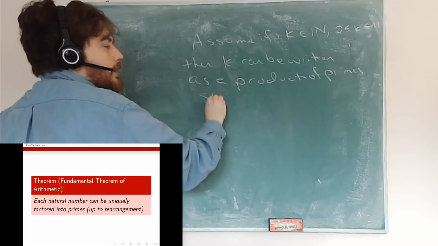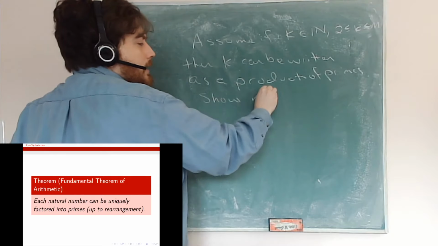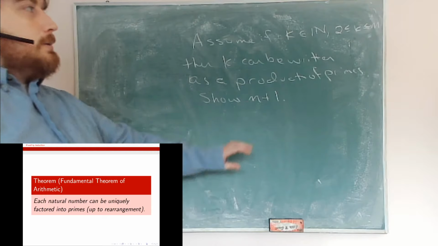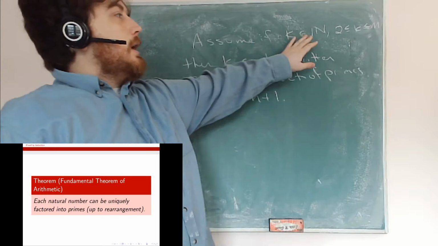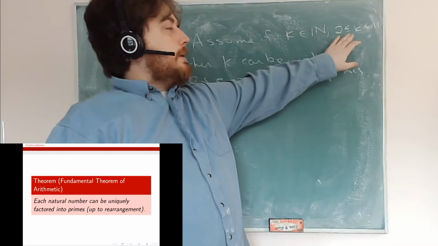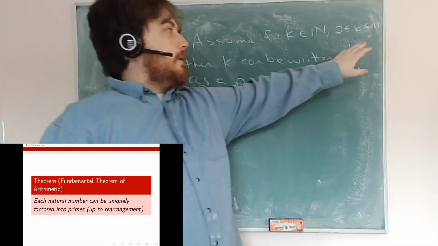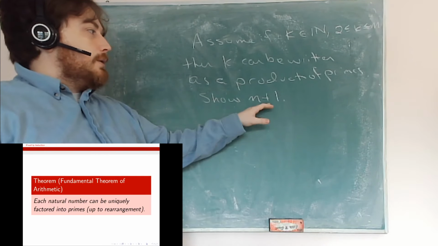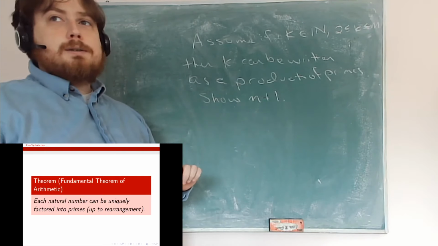Then we want to show that m plus 1 can be written as the product of primes. So because I'm using strong induction, by the induction hypothesis, we're going to assume that we can write any number between 2 and m as the product of primes. And so we have to show it's true for the m plus 1 case.